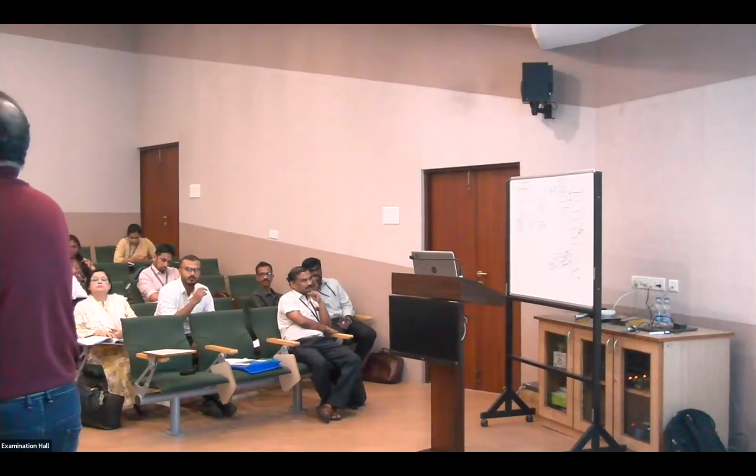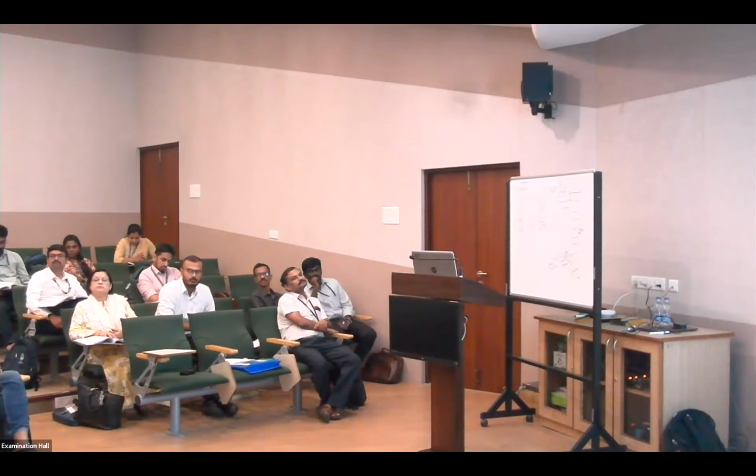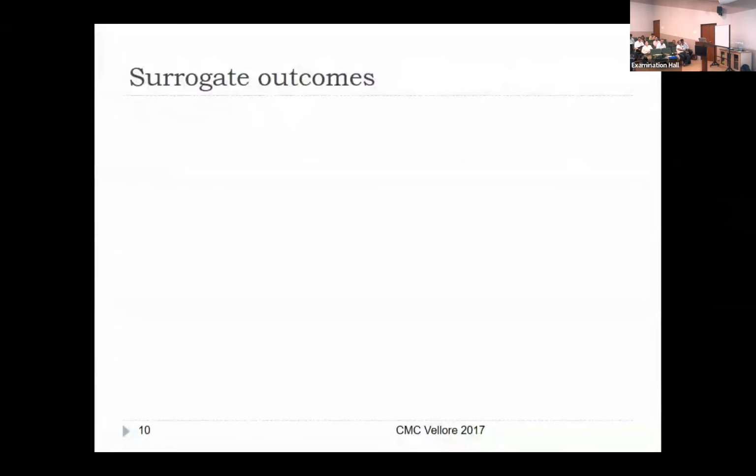surrogate outcomes are outcomes that are sometimes used in studies because they are easily or sooner observed or easier to observe than the outcome you're really interested in.